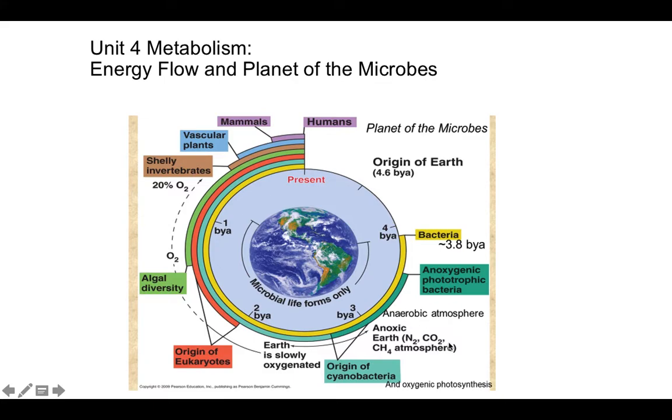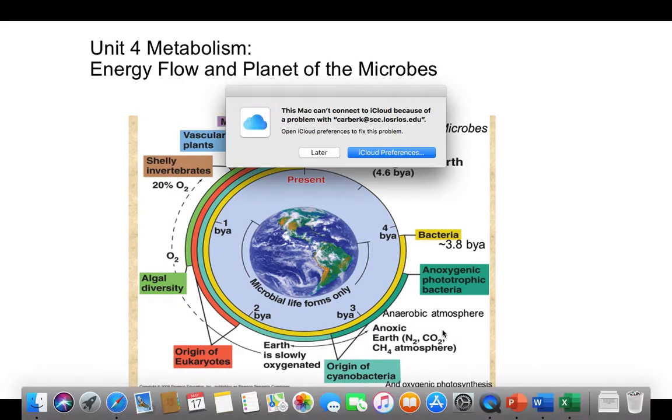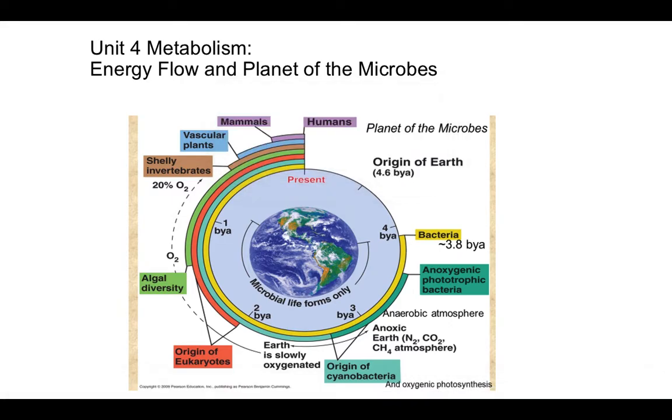And it wasn't until the evolution of porphyrin rings, which permitted the evolution of bacteriochlorophyll and chlorophyll, that cyanobacteria evolved chlorophyll A, which permitted them to carry out oxygenic photosynthesis. So slowly the Earth's atmosphere changed from anaerobic to aerobic, and that permitted this great explosion of diversity here on Earth.